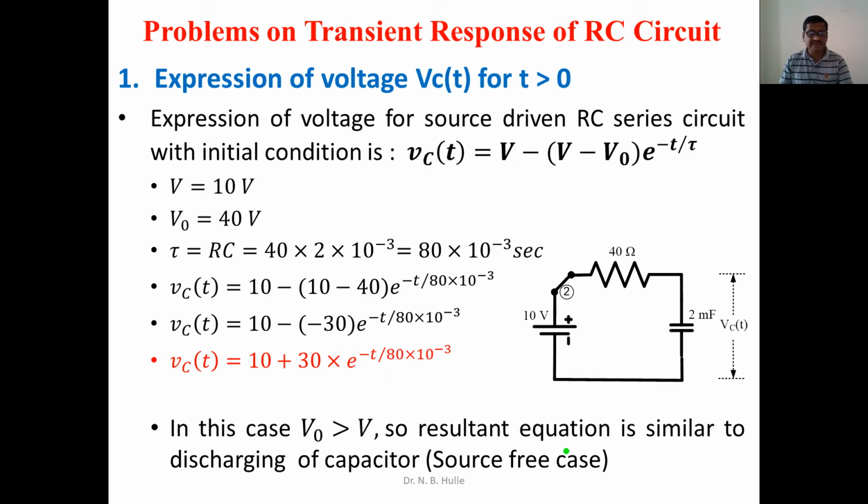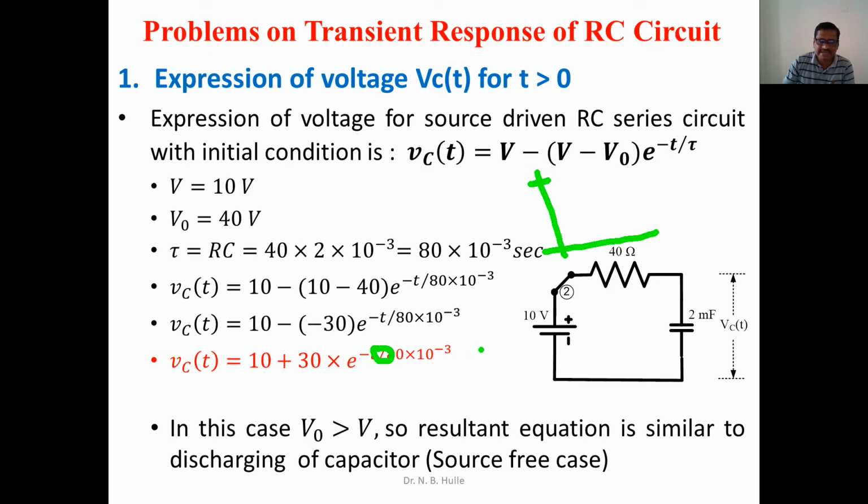If we look at this expression carefully, assume t is equal to 0. Then it becomes e raised to the power of 0, which is 1. 1 into 30 means 30, and 30 plus 10 means 40. So at t equal to 0, we have the beginning value, which is 40 volt.